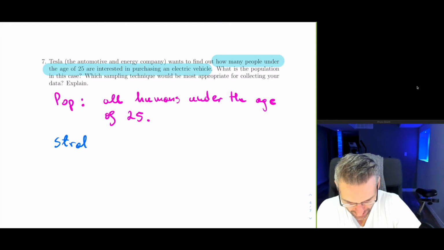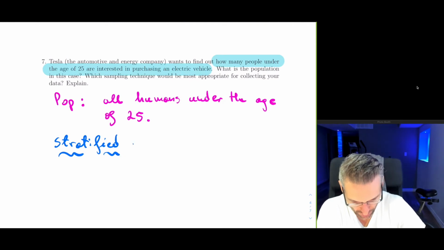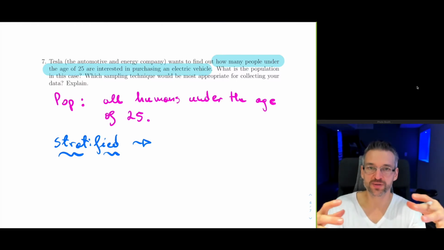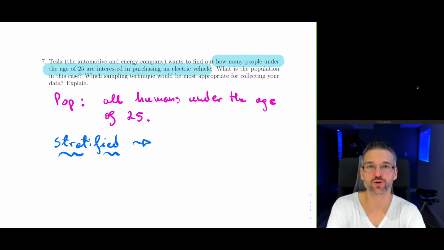As an explanation, I would have picked based on each continent: North America, Europe, South America, and so on. That stratifies, it groups things together, and then you can proportionally choose an amount of people under the age of 25 to find out whether they would be interested in purchasing a vehicle or not.